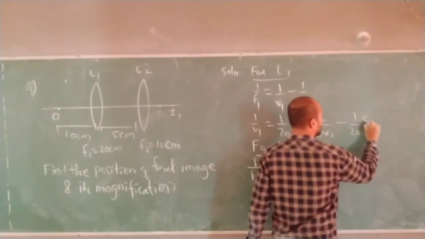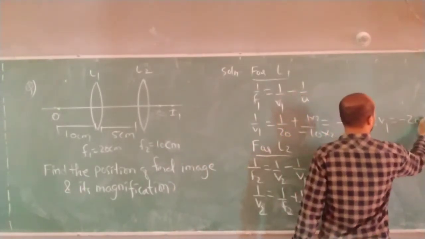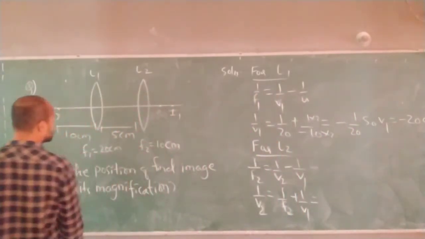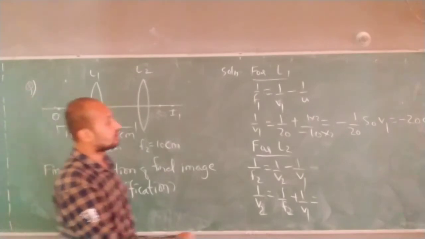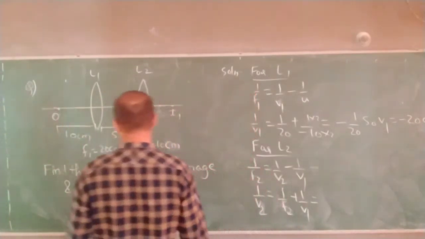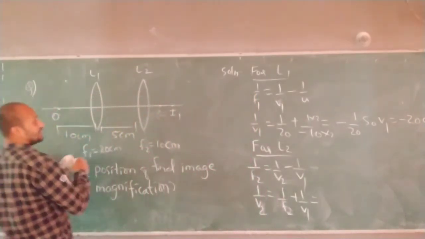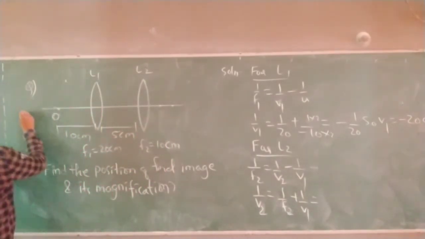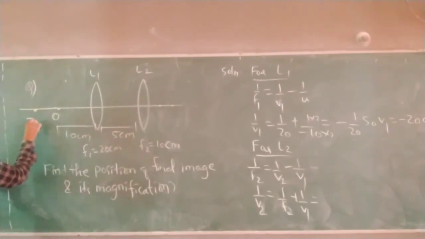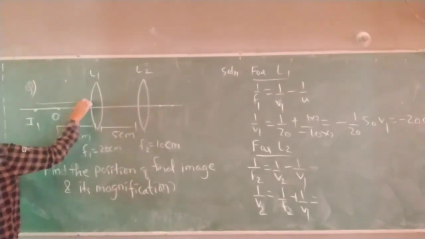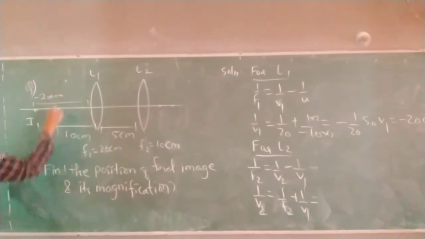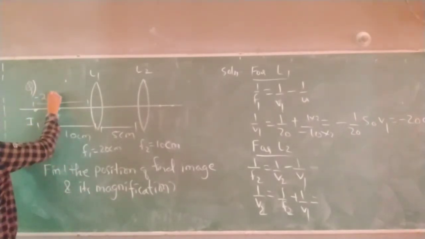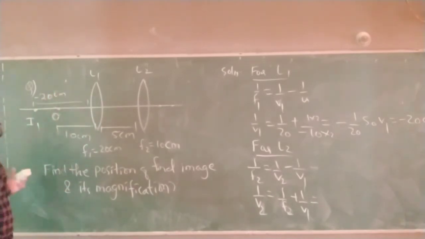So v1 will be minus 20 centimeters. That means the image is not formed here. The image I1 is formed somewhere here, at a distance of minus 20 centimeters after passing through this lens.